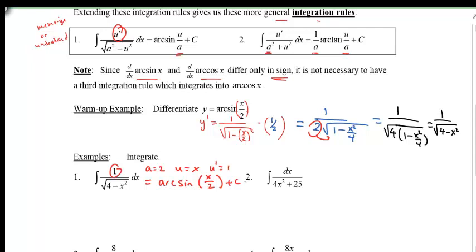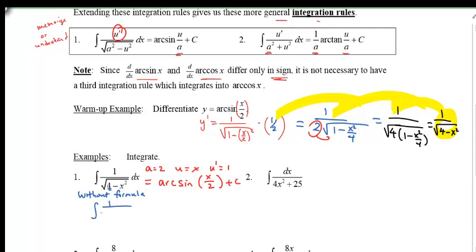Now, if you didn't like that, because you don't understand where it came from, let me show you how I can figure out the antiderivative. Just like above, where I had this and now I'm trying to go backwards, notice that I had to pull out a factor of 4. So without the formula, our goal is to factor out the 4 so I get that 1 minus part, 1 minus x squared.